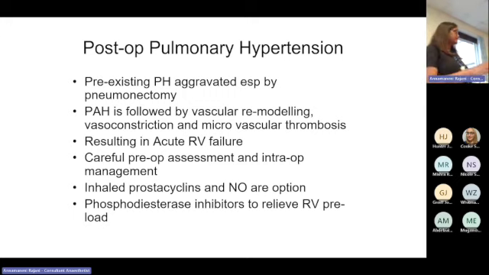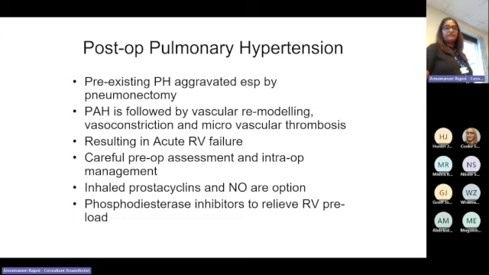Though LVRS is a palliative procedure, whether it is LVRS or endobronchial valves, they're all palliative procedures. Even for those procedures, you'd look at their preoperative pulmonary pressures. If they're high, then that would be the contraindication for surgery in those patients.